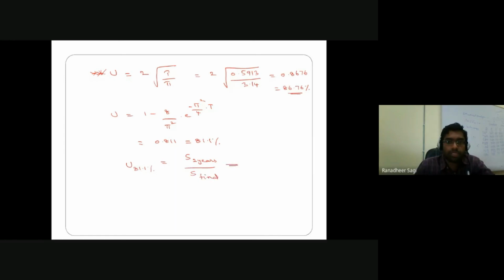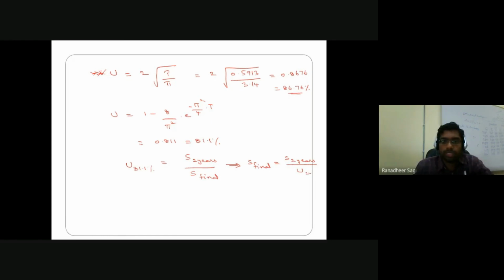So this implies my final settlement in the soil is equal to the settlement that you have in that soil after 2 years divided by your degree of consolidation corresponding to the 2 years period.